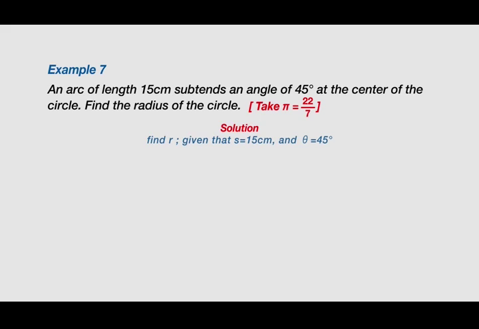So again, we substitute these values in our formula and work. Now, since we know the length of the arc, we are going to put 15 for S. That will be equal to the angle 45 degrees divided by 360 degrees times 2 times pi times r. We don't know r.